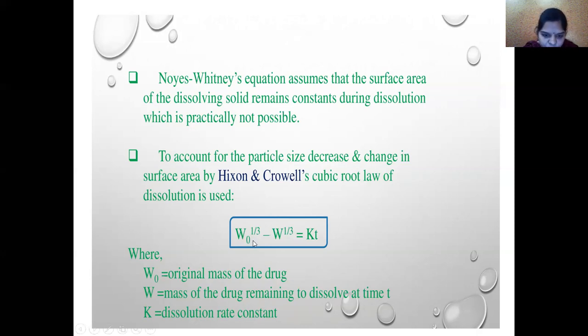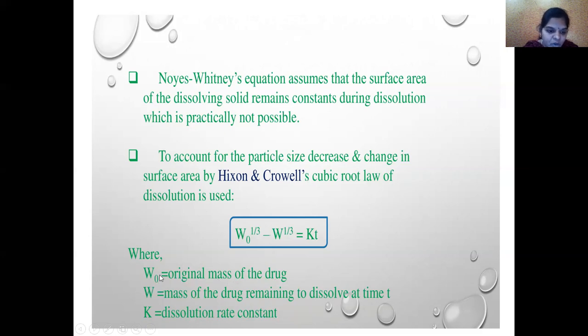W0^(1/3) - W^(1/3) = Kt. W0 is the original mass or weight. Mass is nothing but the weight of the drug, and W is the mass of drug remaining to dissolve at time t, and K is the dissolution constant. W0 means the initial, original mass of the drug.